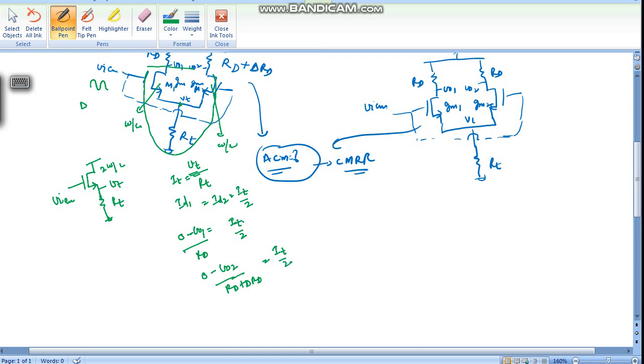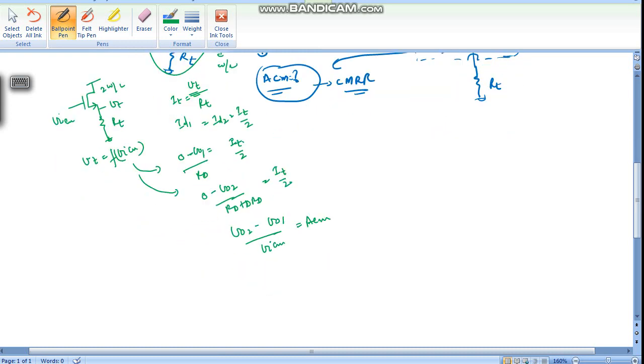So from here we will find Vt as a function of VICM, and we will put it in these two equations. Then we will find VO2 minus VO1 by VICM, which is ACM. Okay, so let's find out.